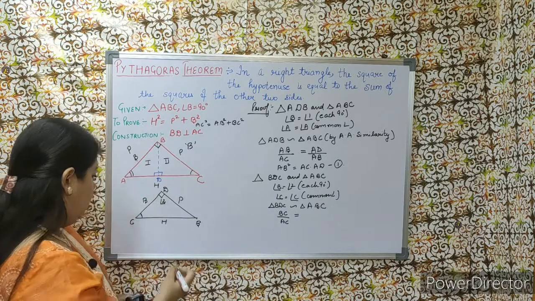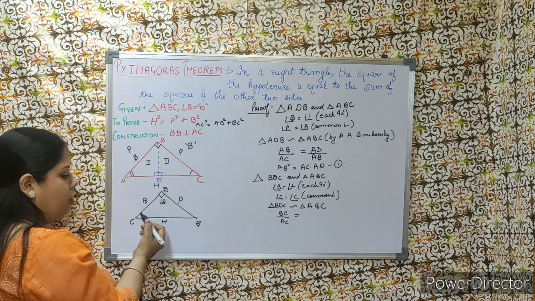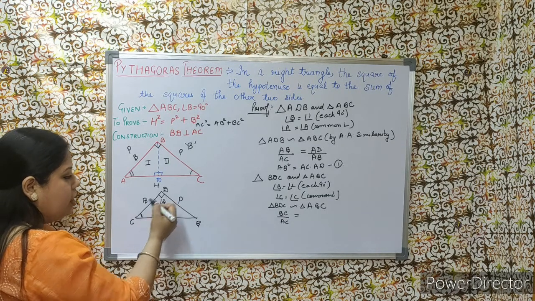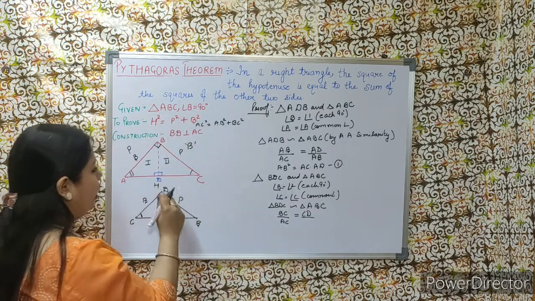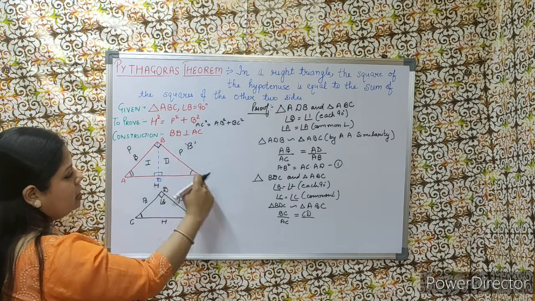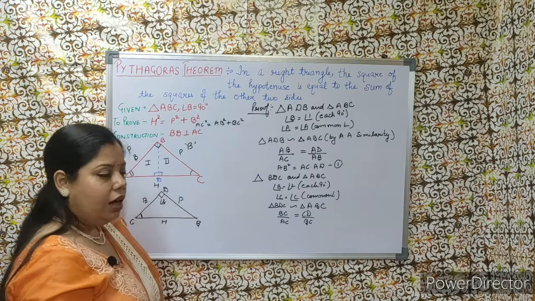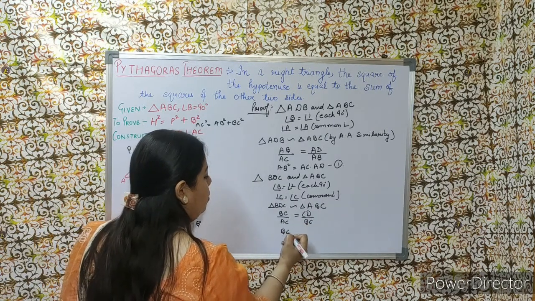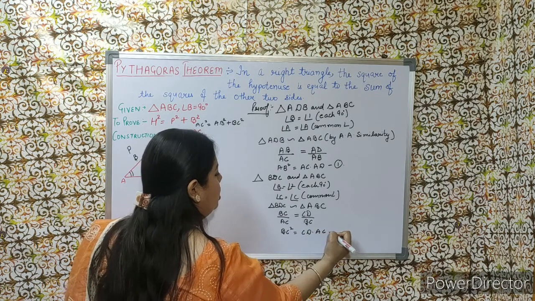Then, as I told you, write the side nearest to the angle in consideration. So C is in consideration, so the side is CD, which is base. Now I will be writing the base of this triangle. For C, base is BC. So here comes BC. Again by cross multiplication, I will get BC square is equal to CD into AC, that is number 2.